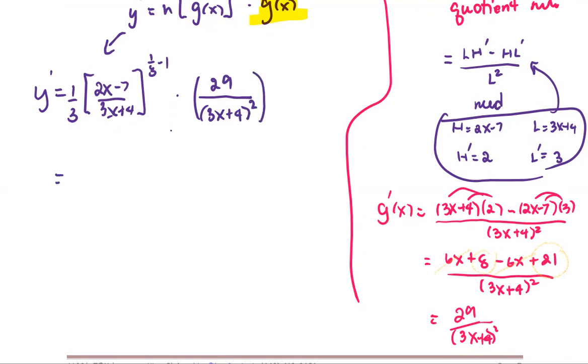And then simplify as much as we can. We have 1 over 3. The power here becomes negative 2 over 3.